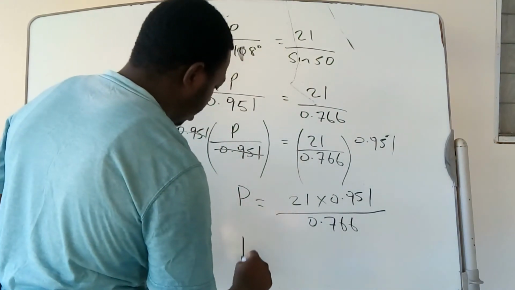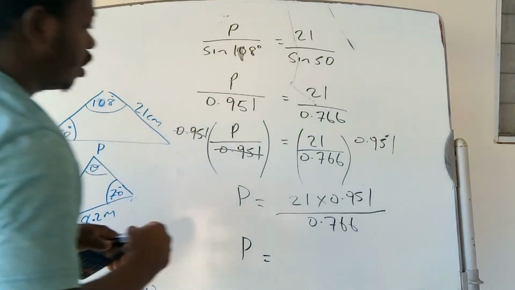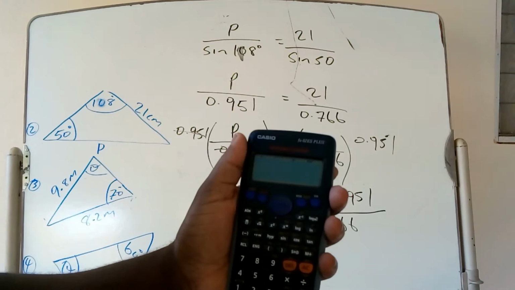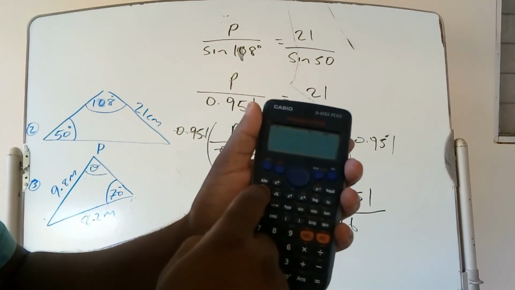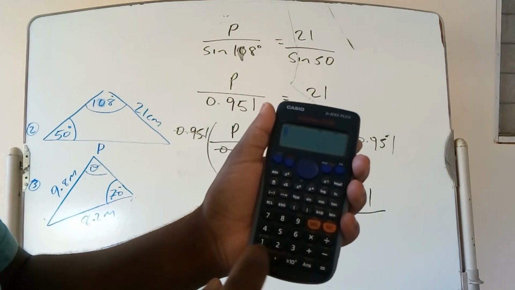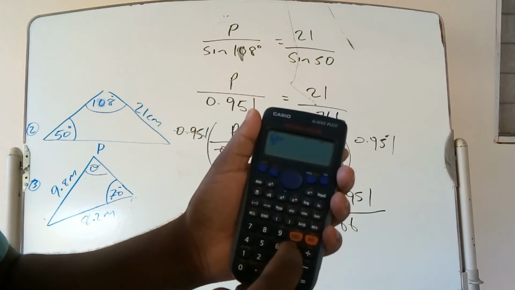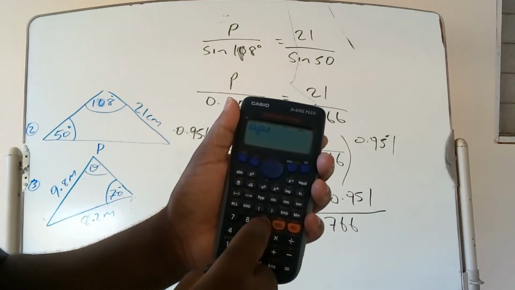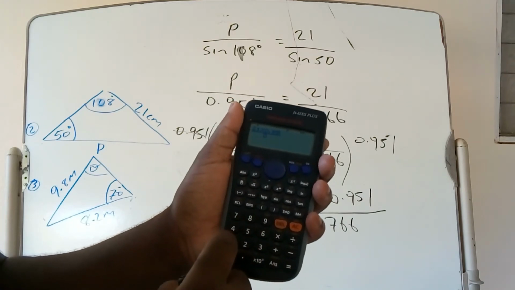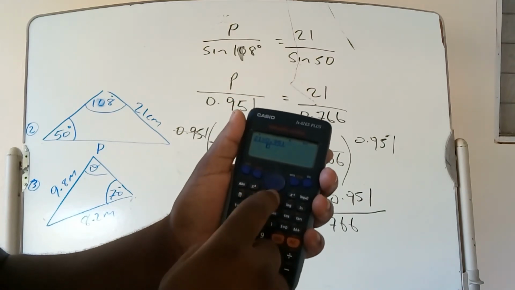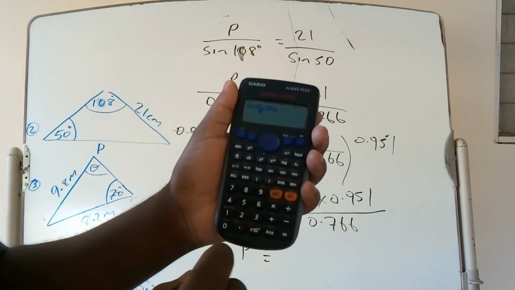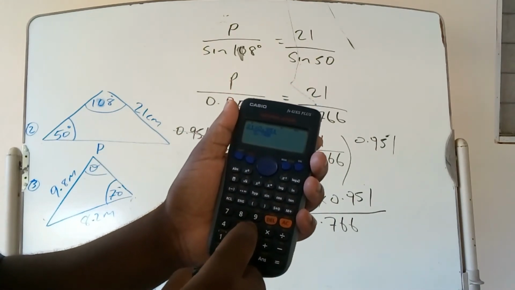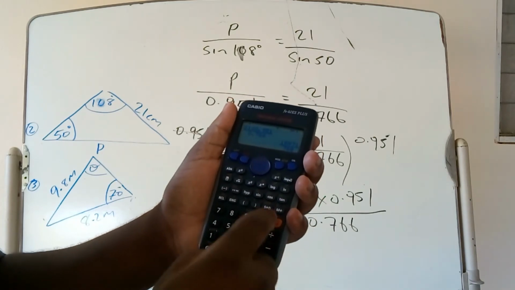0.766. Now I'm going to put all of that on my calculator. You select your fraction bar, put 21 multiplied by 0.951, all of that divided by 0.766, and you press equal.